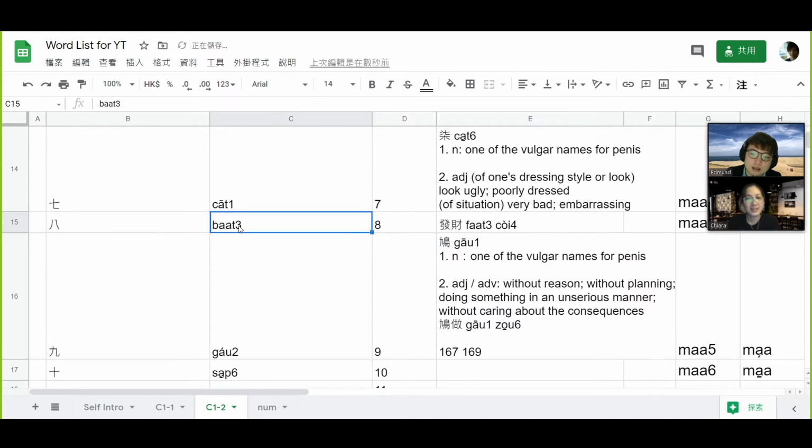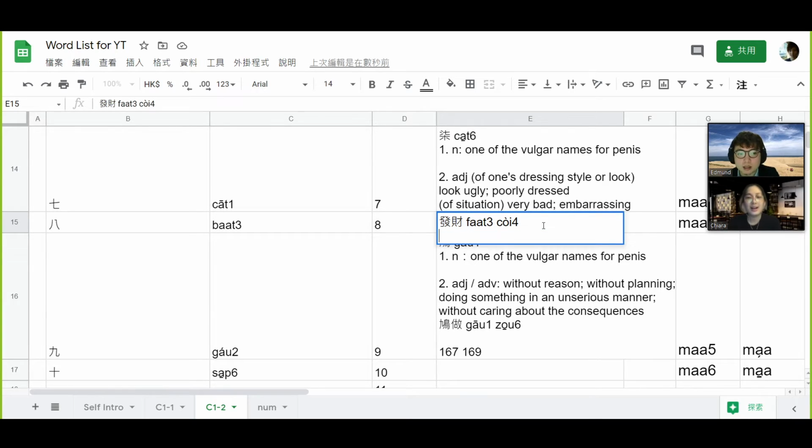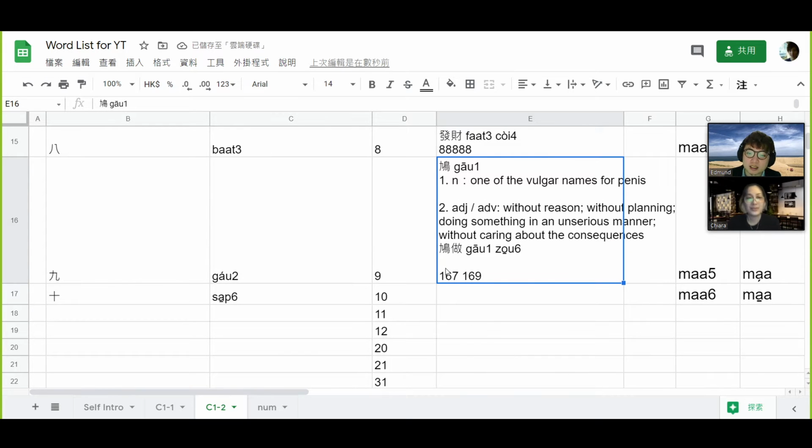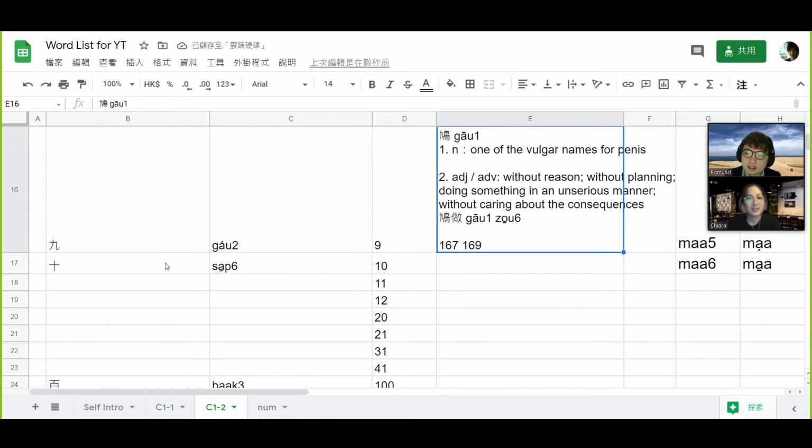So 八 has a similar meaning with 发, so people like this a lot. On their car plates they may get numbers like this, or a phone number or whatever, they like this a lot.